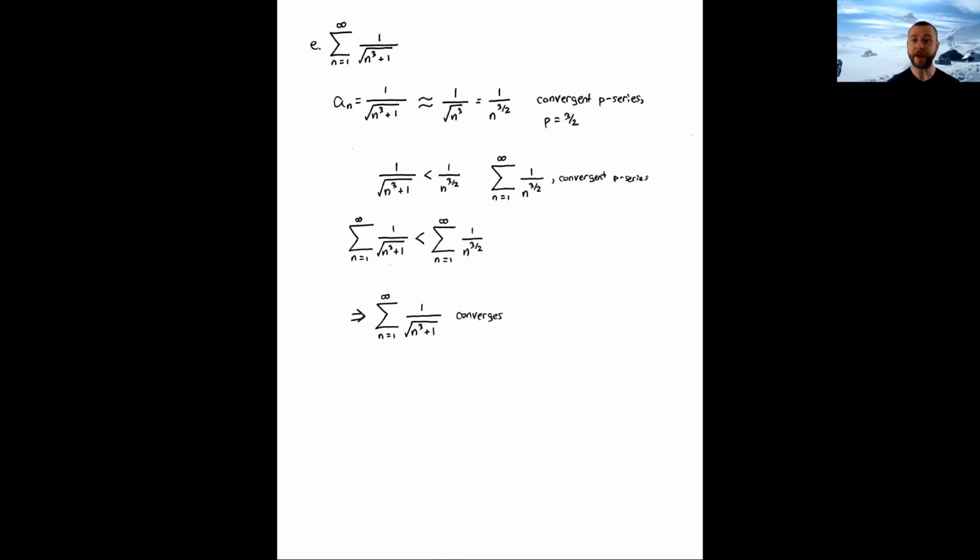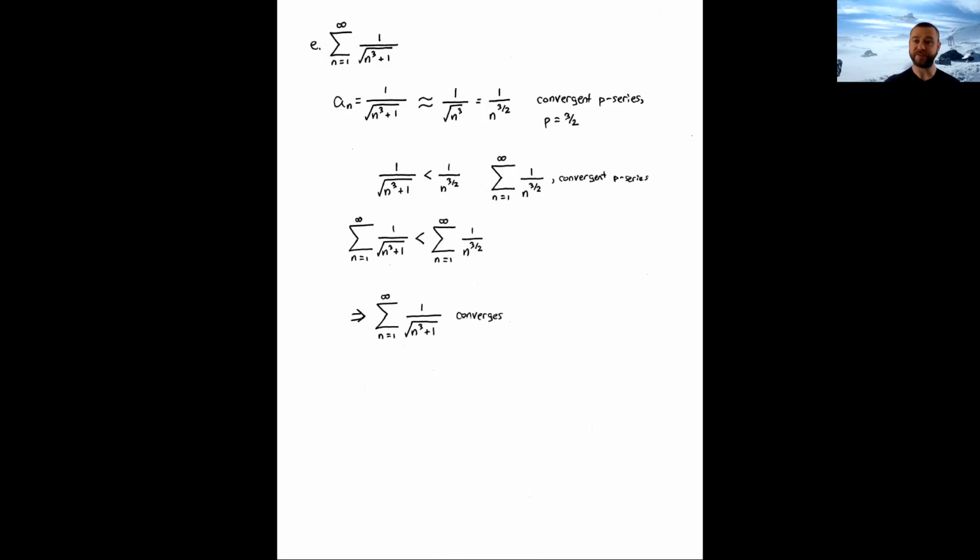All right, these were all examples on the direct comparison test. One of the drawbacks of the direct comparison test is you have to know or have an idea if your infinite series converges or diverges to guide you through looking for something bigger or smaller to compare with. The other drawback is it's not at all obvious sometimes how to find the comparison infinite series, the bigger or smaller term.